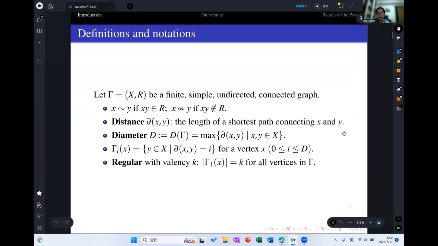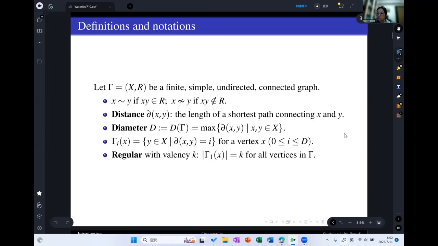Okay, let's see some definitions and notations. Let gamma be a graph that is finite, simple, undirected, connected. Here X denotes the vertex set, and R denotes the edge set.